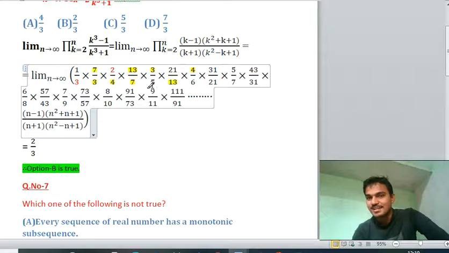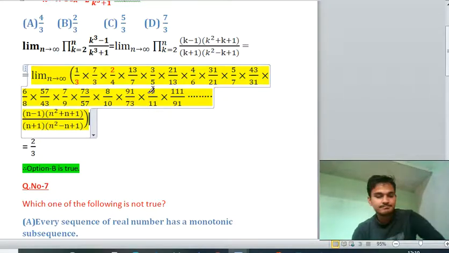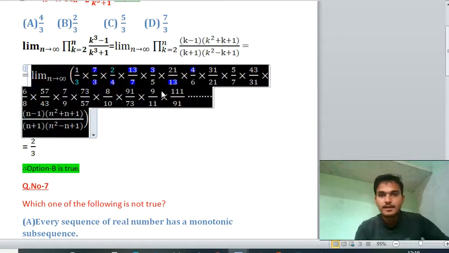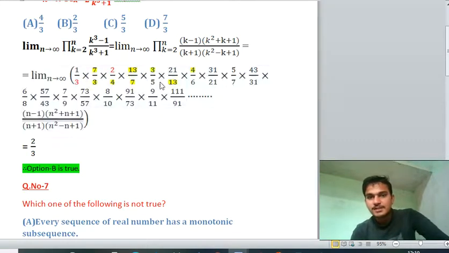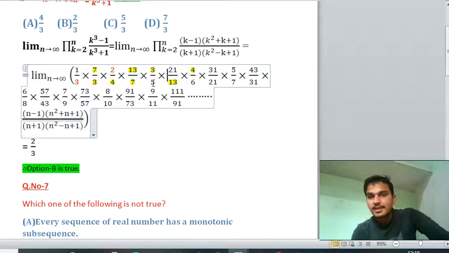After 4 steps you are getting 5. This is 5 after 4 steps. Okay, after making 1 2 3 4, 4 steps you got 5.